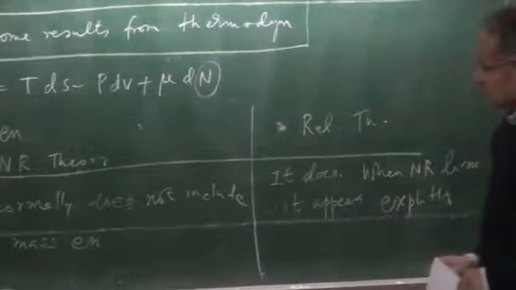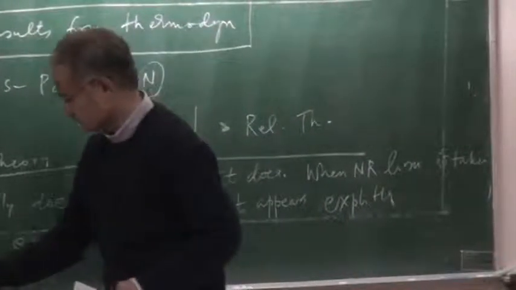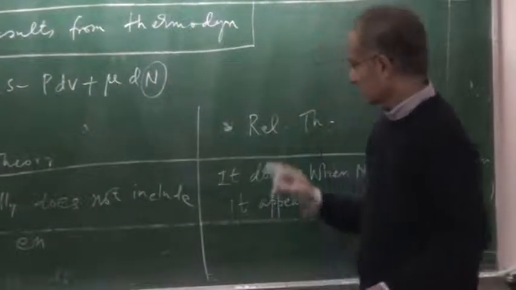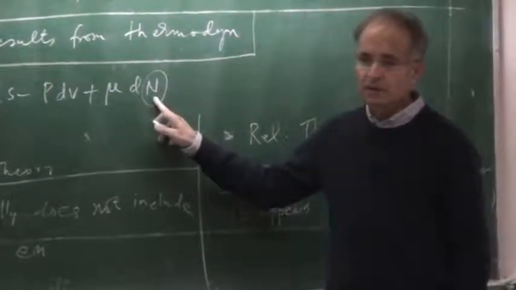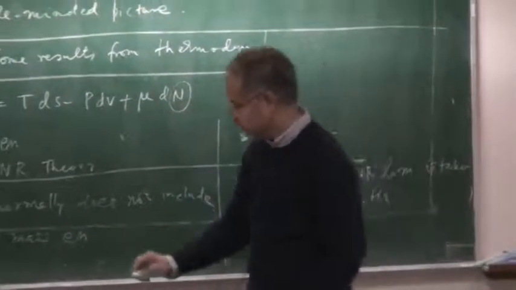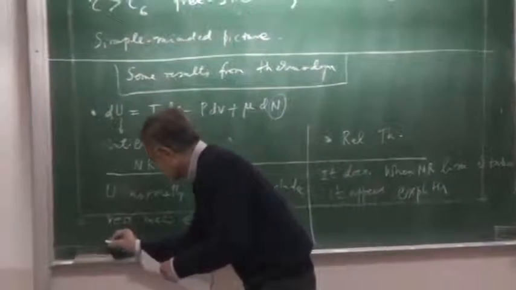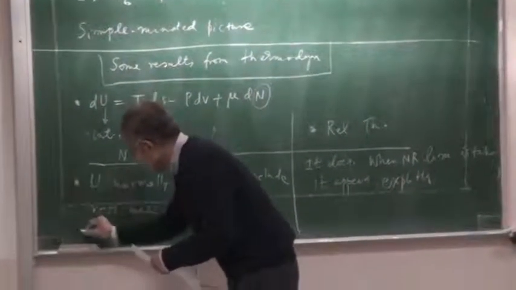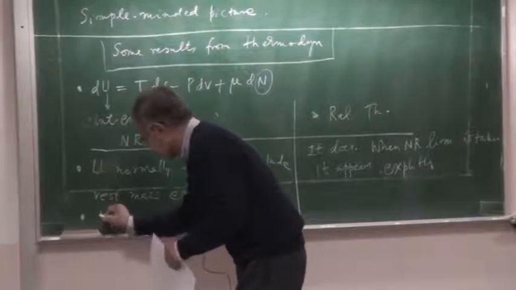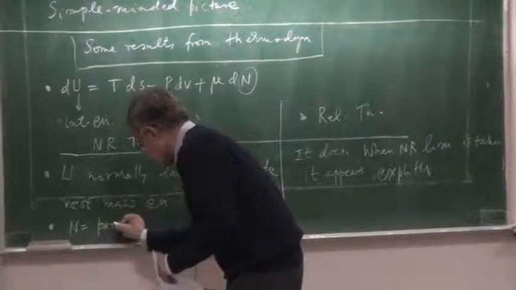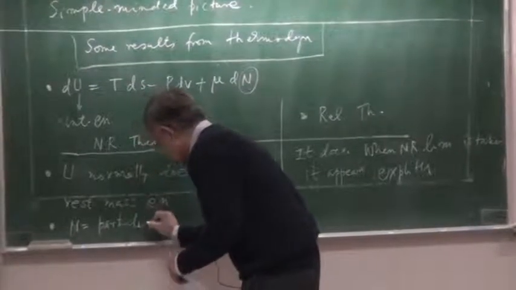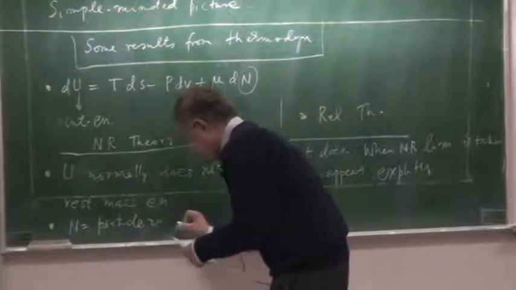There is another difference between relativistic theory and non-relativistic theory. When I asked you what is N, you said it's a number, which is true here. N is the particle number, and it is conserved.